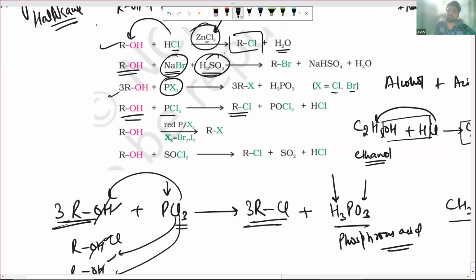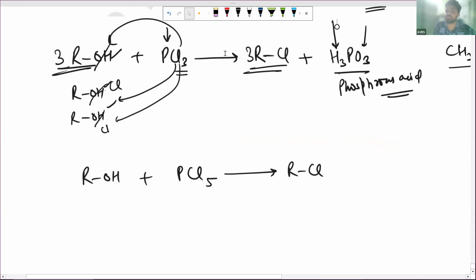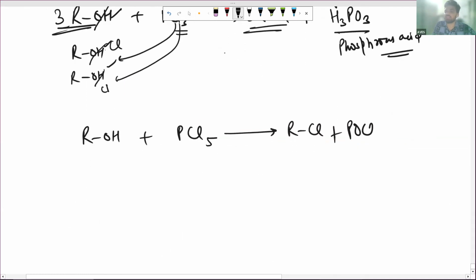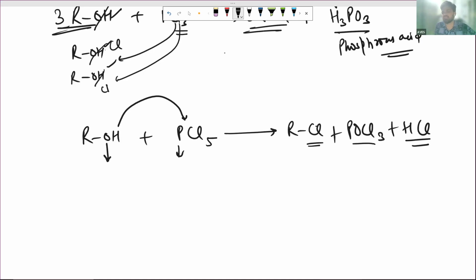Out of the 4 remaining chlorines, 1 chlorine will come with hydrogen to form HCl, and 3 chlorines will be with POCl3. You have to memorize this: RCl plus POCl3 plus HCl. So 1 hydrogen and 1 chlorine form HCl, and what remains is O, P and 3 Cl, forming POCl3.